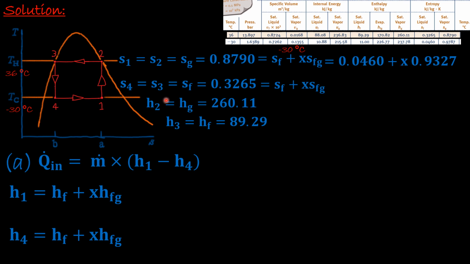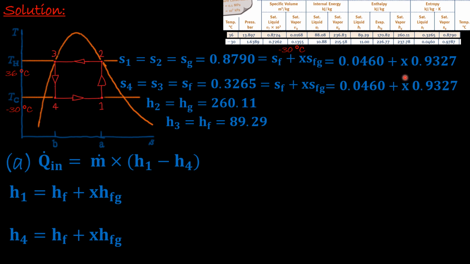And we will do the same thing for s_4, which is equal to s_3 equal to s_f, and we were able to find this value for s_3 from the 36 degrees Celsius row. And since we want to find the quality at 4, we will refer to the minus 30 degrees Celsius column, and we will plug in the values that we extracted from the table.